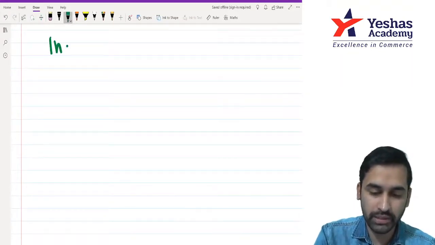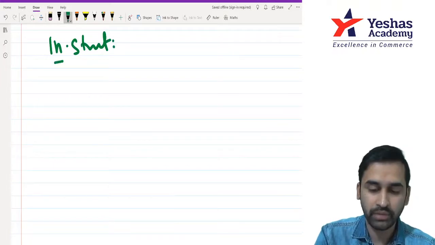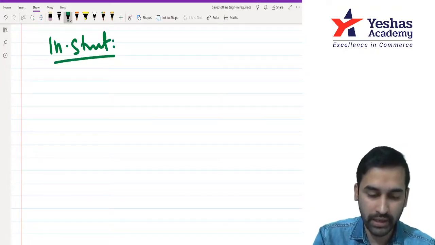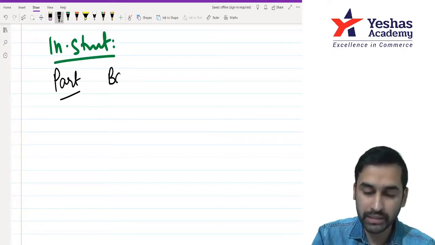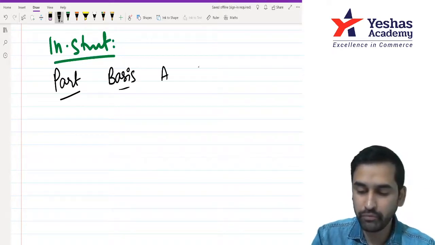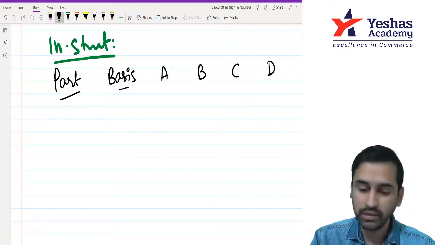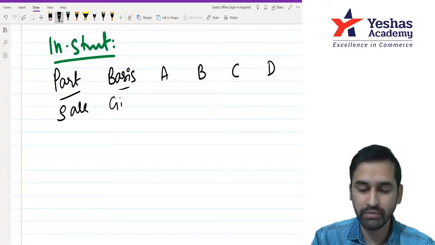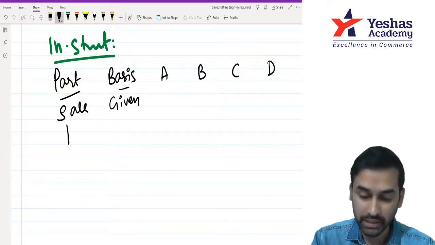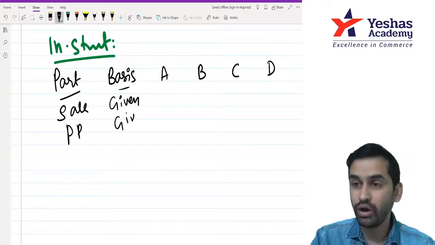So your income statement, don't write now. Listen, income statement. So you will have particulars and then basis. And then you will have four products A, B, C, D. Then you will write sales. In basis it will be written as given, purchase price also given, and all other items.